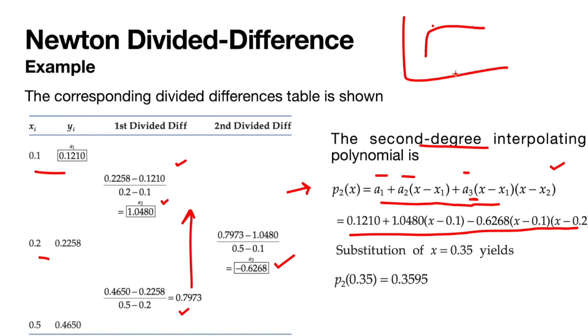It is not just best passing, it will exactly pass through these points. So when we put x is equal to 0.35 here, the x value should be replaced with 0.35, we will get the interpolation value, which is 0.3595. So this is how we can solve it.